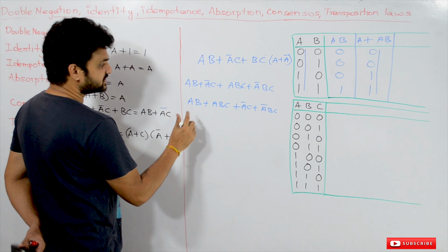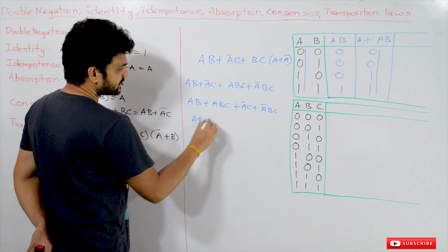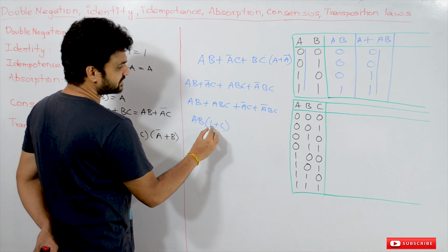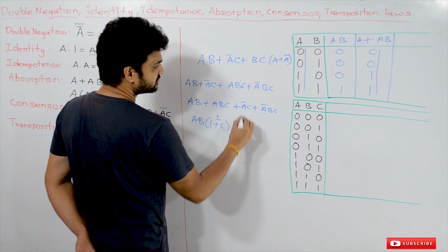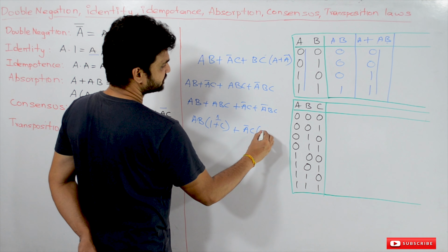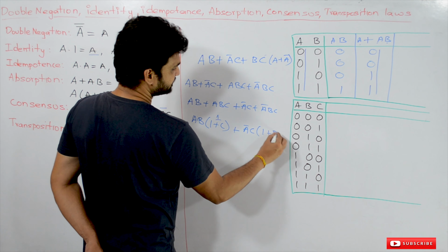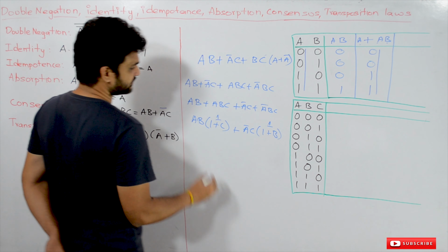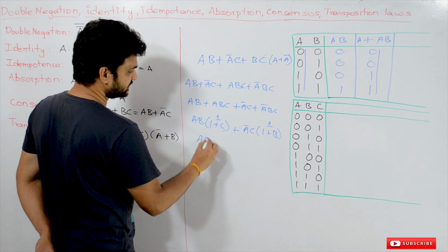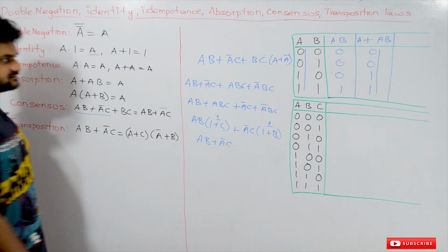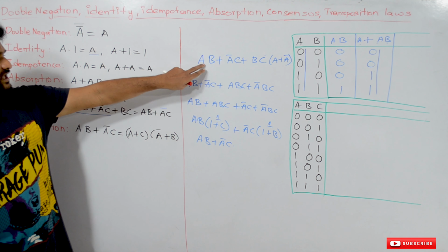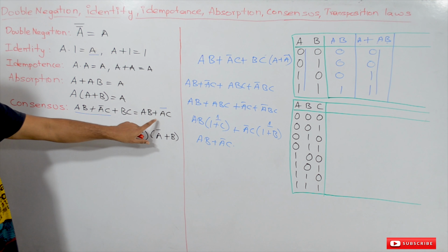If you take AB common, 1 plus C is going to be 1 always, plus if you take A bar C common, it is 1 plus B, and 1 plus B is going to be 1. So the final one is going to be AB plus A bar C. So the left hand side has become this.